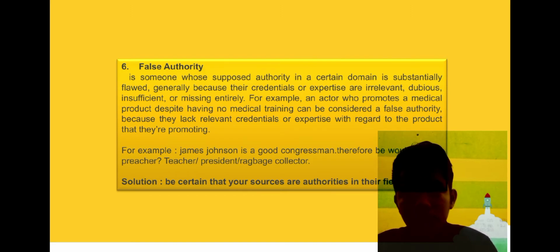For example, an actor who promotes a medical product despite having no medical training can be considered a false authority because they lack relevant credentials or expertise with regard to the product they are promoting. For example, James Johnson is a good congressman, therefore he would be a good preacher or teacher, president, rugby coach or collector. Solution: be certain that your sources are authorities in their field.